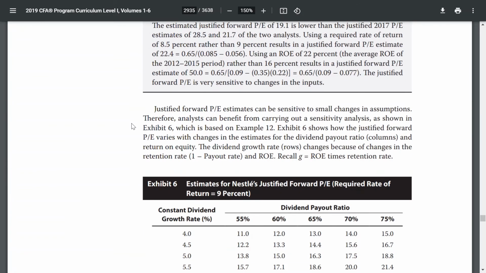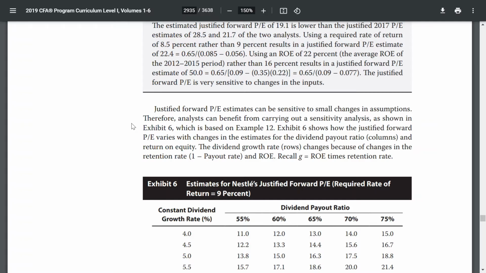Justified PE estimates can be sensitive to small changes in assumptions. Therefore, analysts can benefit from carrying out a sensitivity analysis, as shown in Exhibit 6, which is based on example 12. Exhibit 6 shows how the justified forward PE varies with changes in estimates for the dividend payout ratio, the columns, and return on equity.